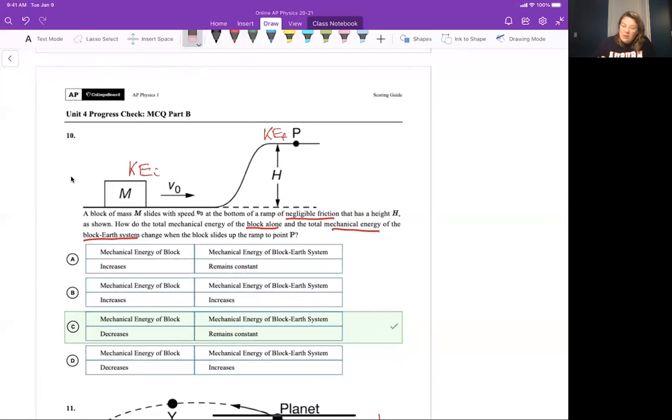So the only thing the block can have by itself for a type of energy is kinetic energy. So what's it doing as it slides upwards? It's slowing down. So it's got to be losing kinetic energy. So I can immediately eliminate these, okay? And then what's happening to the total mechanical energy of the block-Earth system? Well, if there's negligible friction, it has to stay constant. So these were my only two choices there.